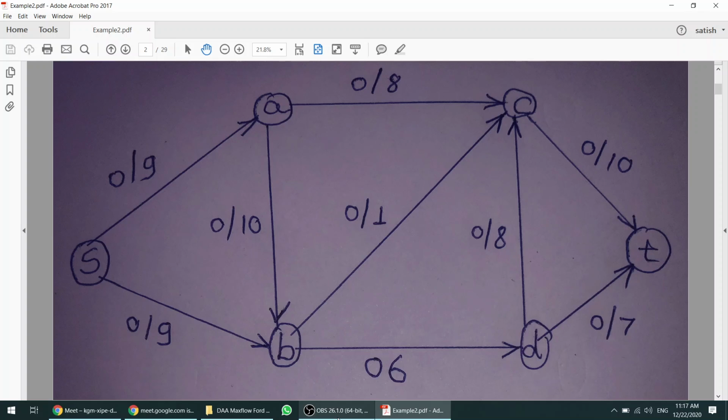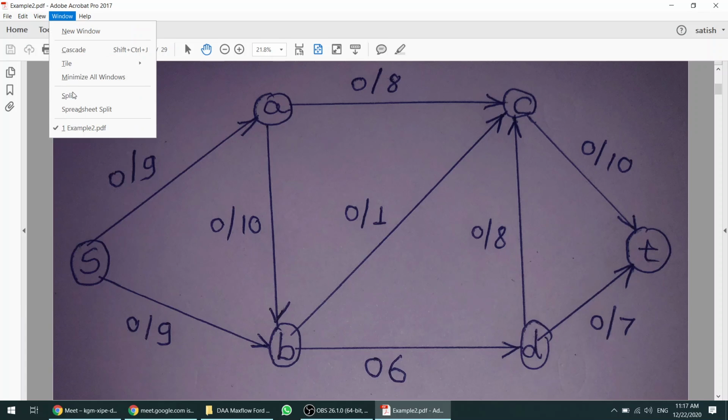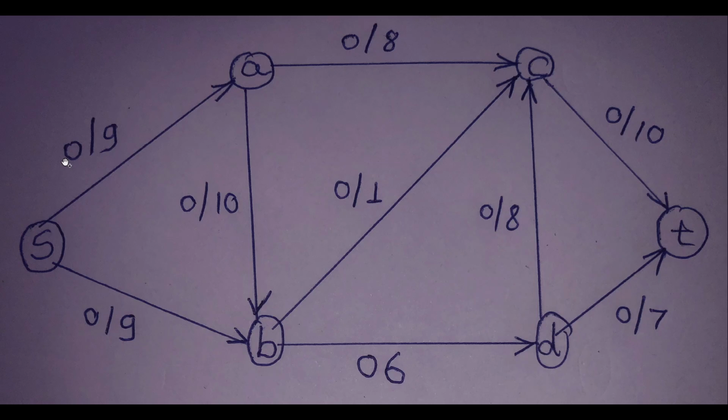So if I observe over here, we will expand the diagram here. I found that S to A to C, and C to T has the maximum flow, and the flow is 8.